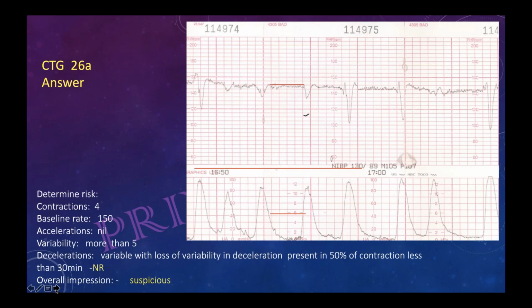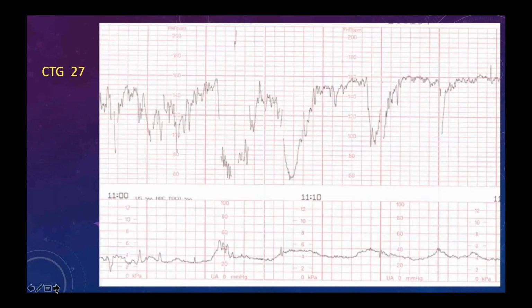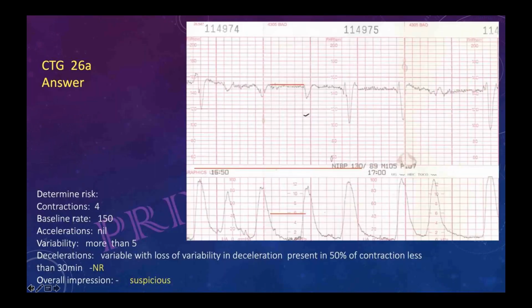Okay. And if this went on for more than 30 minutes, then, ma'am, loss of variability is there. This loss of variability will make it a concerning feature. So this is variable deceleration with loss of variability present in 50% of the contractions. So this is a non-reassuring feature. One NR feature makes it suspicious.